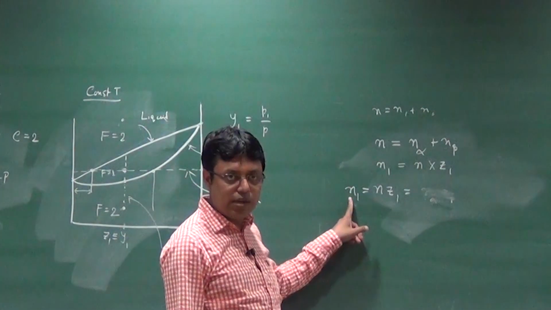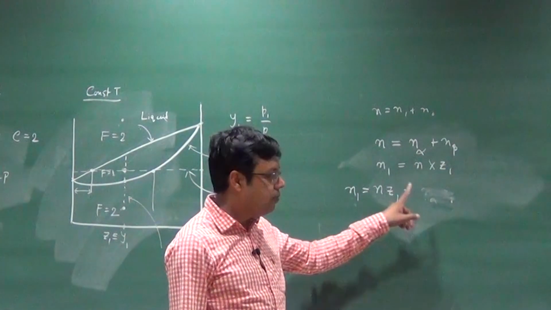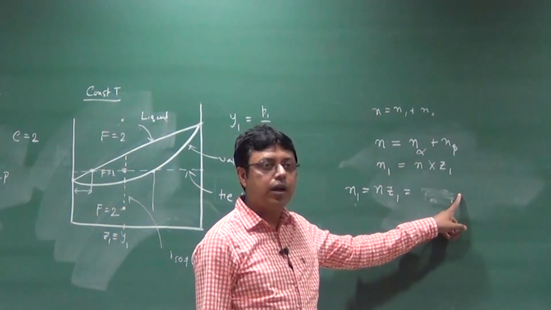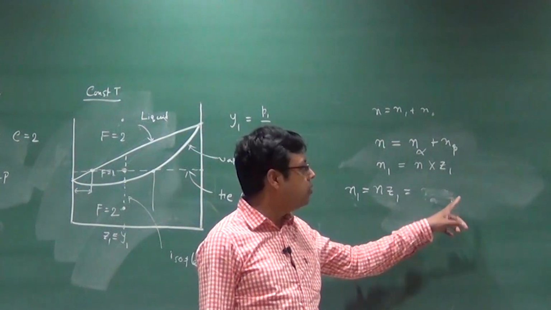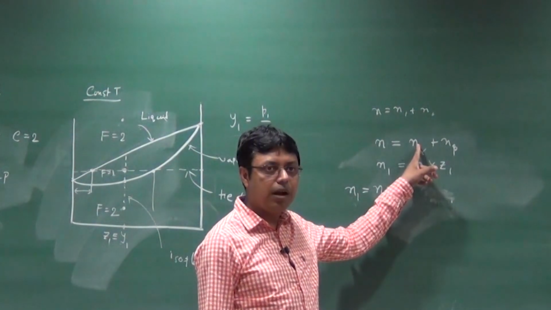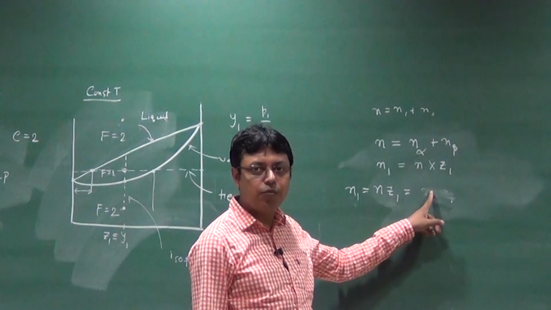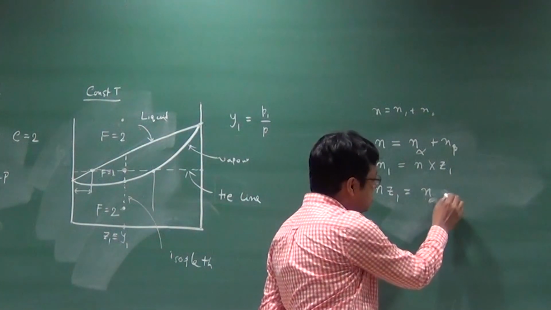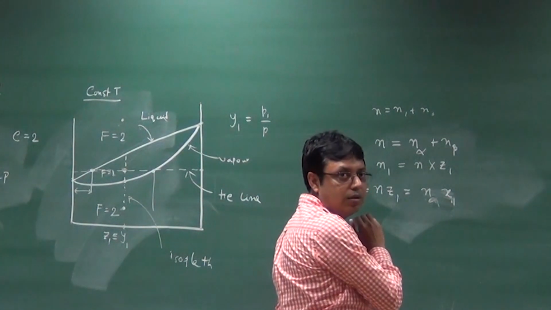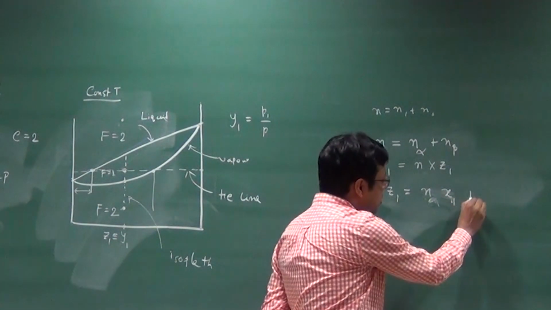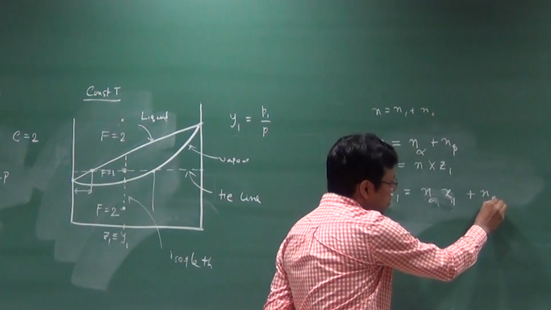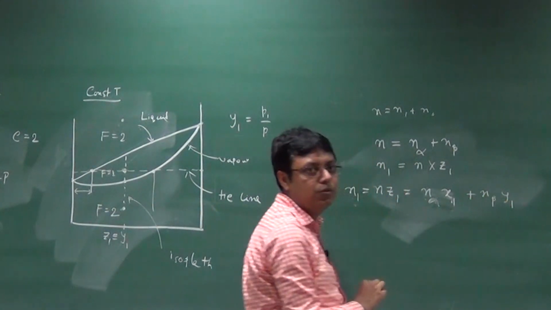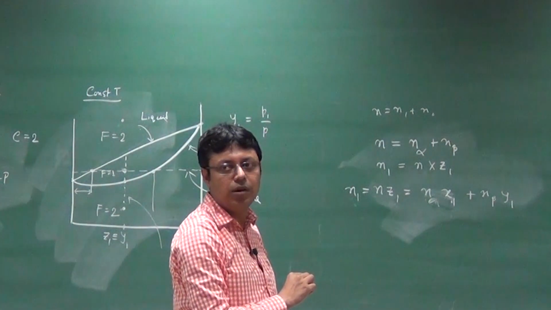Now this N1 is in the alpha phase as well as in the beta phase. How do you calculate what is in the alpha phase? You take the total alpha phase moles multiplied by the mole fraction of 1 in the alpha phase, which is x1. For the beta phase, the total number of moles in the beta phase times the mole fraction of 1 in the beta phase, which is the vapor phase, so y1.